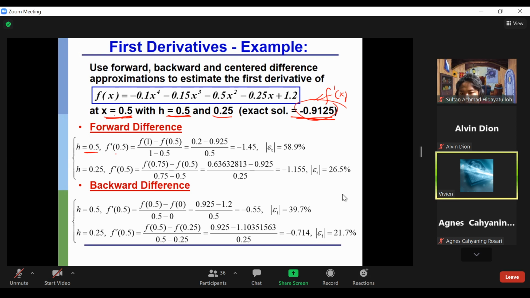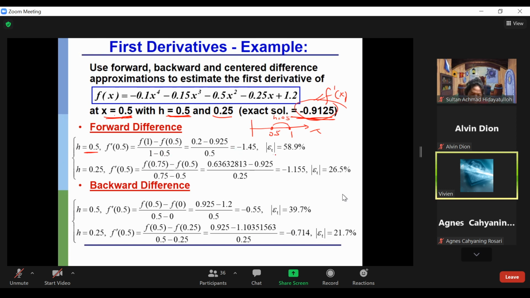So f accent at 0.5 is equal to f at 1 minus f at 0.5, divided by delta x, which is 1 minus 0.5. So the result here will be minus 1.45.